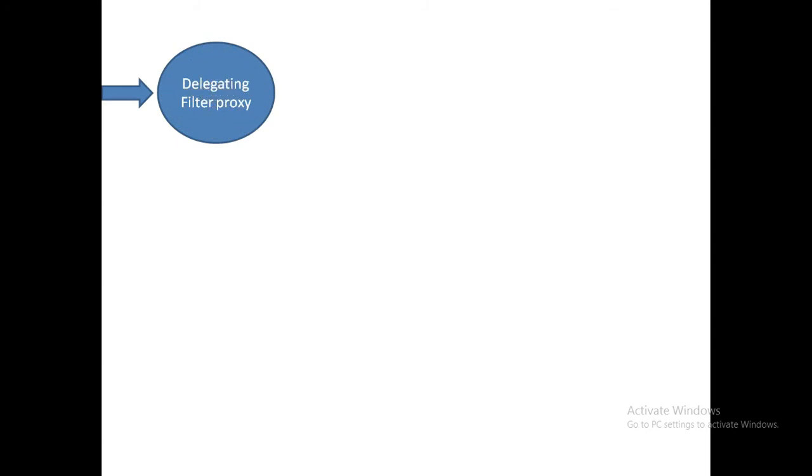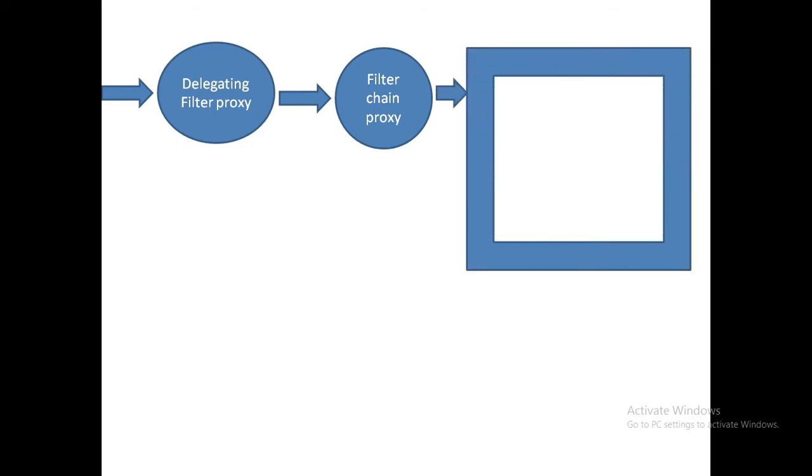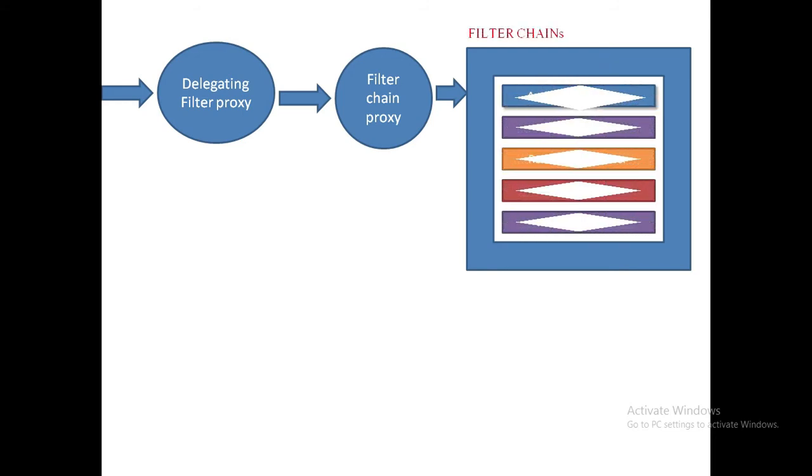This filter proxy will decide where I have to send this request. So it will decide which filter chain proxy I have to call. From this filter chain proxy, it will decide where I have to send this request, meaning which filter chain I have to call. And this filter chain has multiple filters.